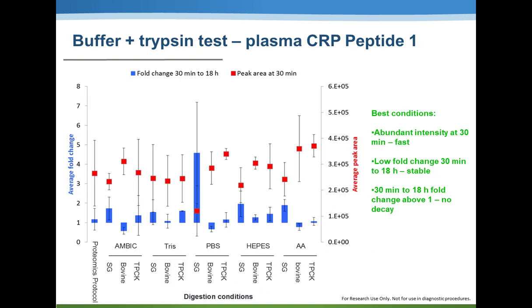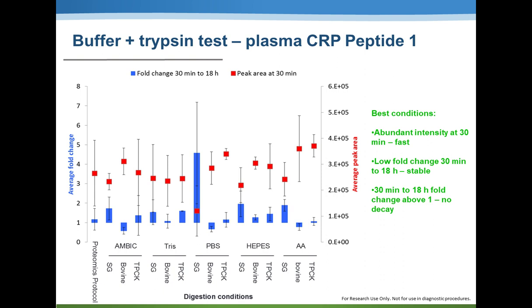So there's a lot of data collected from this buffer trypsin experiment, which can be viewed at either the peptide, the protein, or the protein panel level. Here I'm just using plasma CRP Peptide 1 as an example. In this figure, the red dots are the peptide peak area at half an hour digestion, and the blue bars are the fold change in peak area from half an hour to 18 hours.